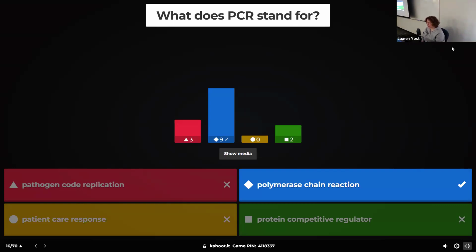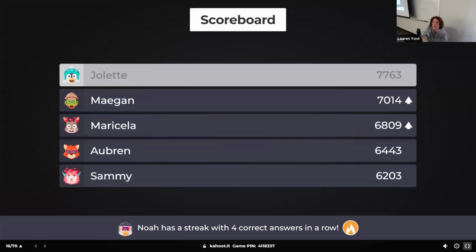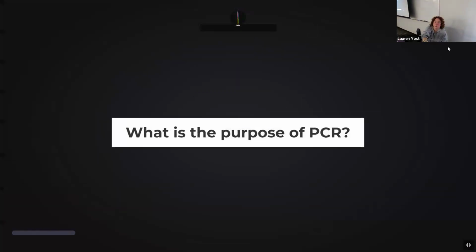So it's causing a chain reaction resulting from the action of DNA polymerase. We're going to talk about it a little more. There's more questions about PCR, so we're going to feed into those questions next and then elaborate a little bit further. What is the purpose of PCR?